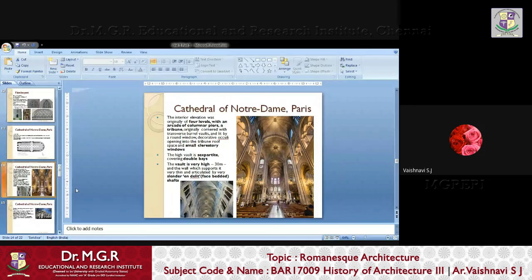So with this, we'll finish up with Notre Dame, that is Gothic style in France. Notre Dame is the major building built in this Gothic style for French. We'll see about the other buildings in the next class.